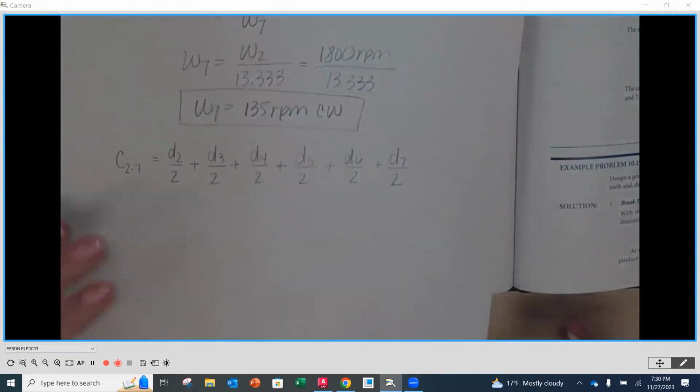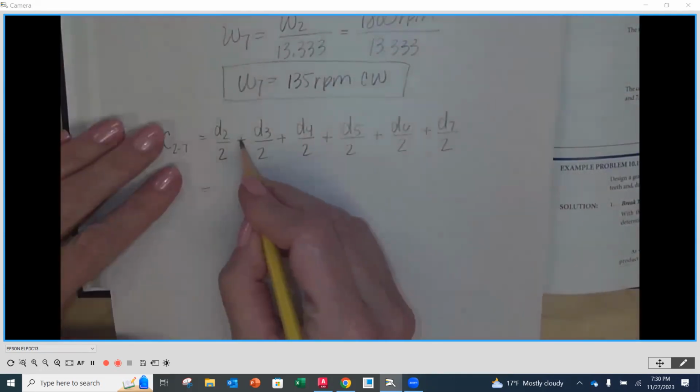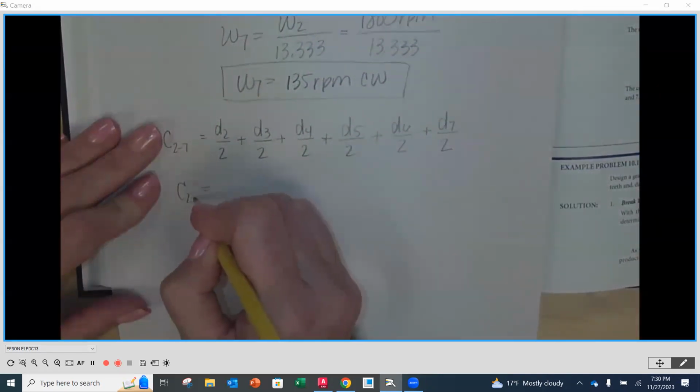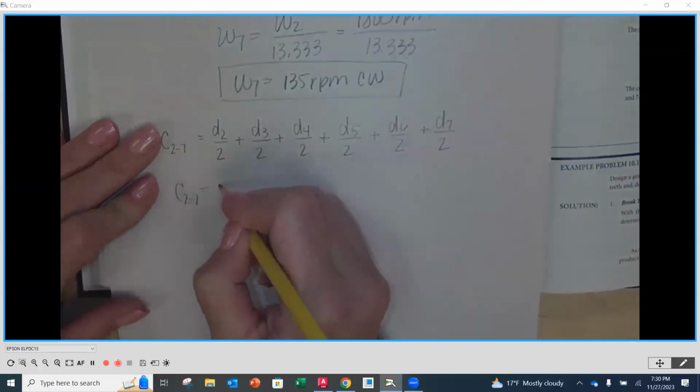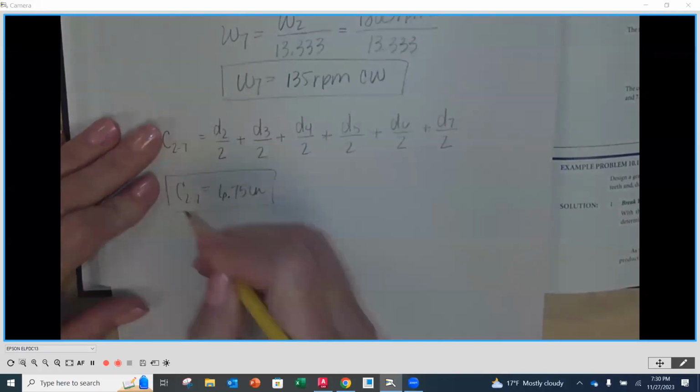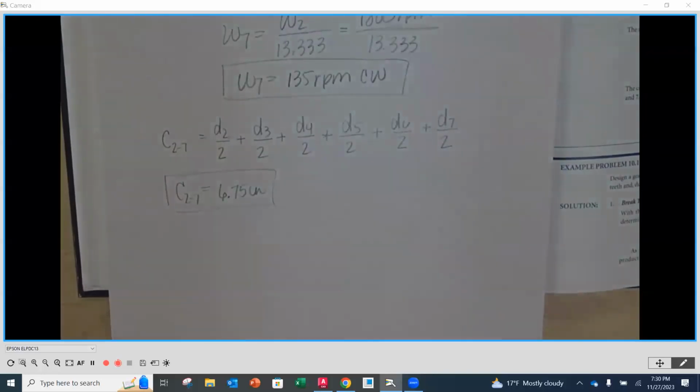By doing so, we can fill in all our numbers. I'm not going to redo every one of these. It's a pretty simple calculation, but it should come out to be 6.75 inches between gear number 2 and gear number 7. That's the space between the two centers.